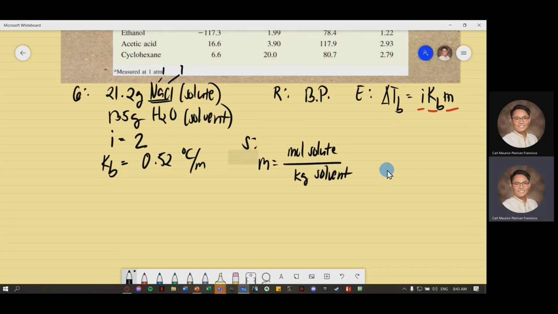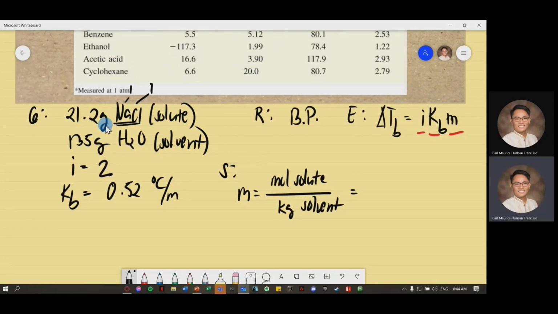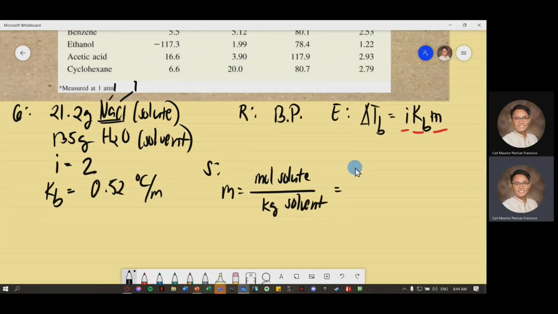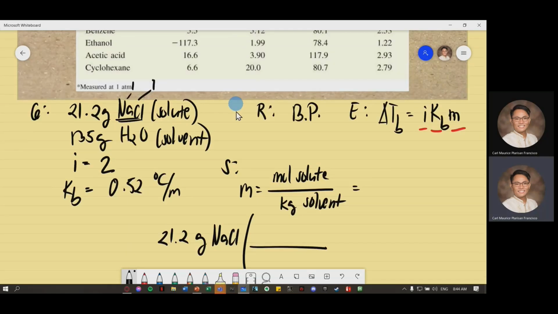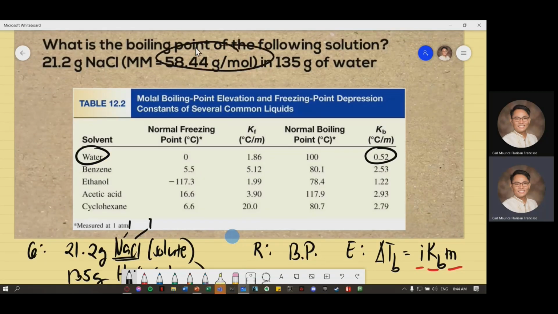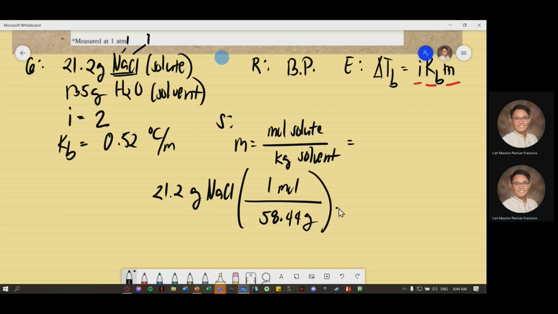Okay, so I need to compute for molality from scratch. So I need to convert. My solute is in grams, so yung kailangan natin ay mole value. So I need to convert 21.2 grams of NaCl using the molar mass. The molar mass of NaCl is provided, 58.44. 1 mole all over 58.44 grams.